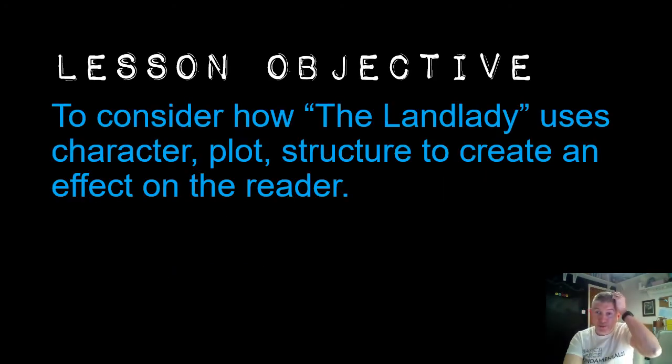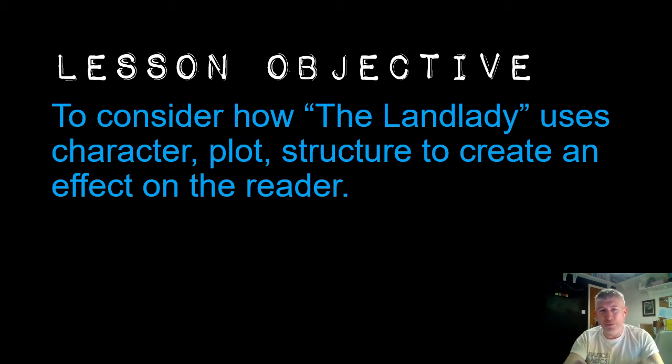The objective of this lesson, which is going to run for a couple of lessons for the rest of this week, is to consider how The Landlady uses character, plot and structure to create an effect on the reader. I want you to have an overview of the whole text, but within that there are three things I'm looking for.